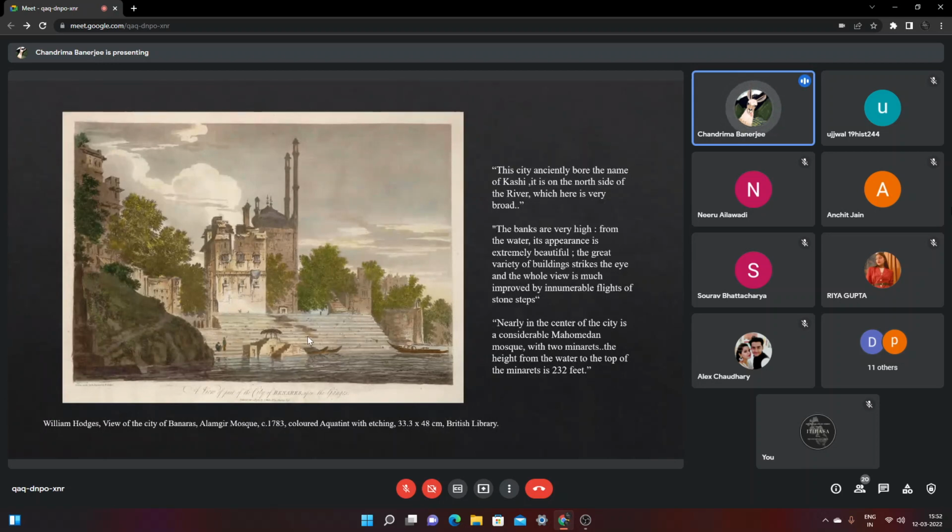And again in 1775, renovations and repairs were done by Shripati Rao Peshwa and Pant Pratinidhi of Andhra. So the ghats of Varanasi were constantly rebuilt under various patronages. This is just to give you a hindsight on the ghats.